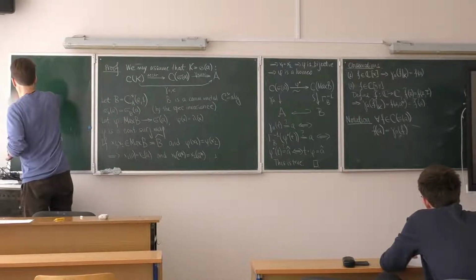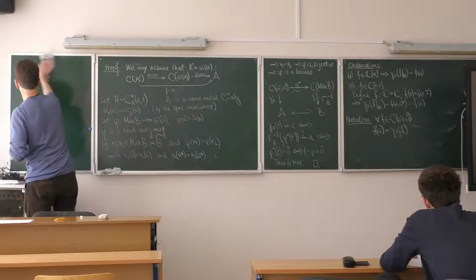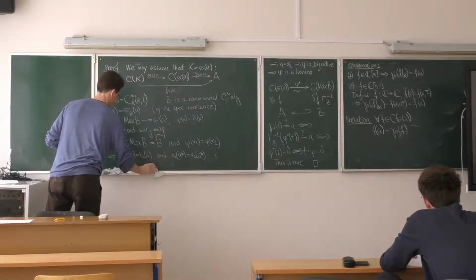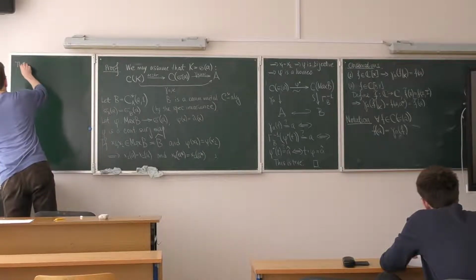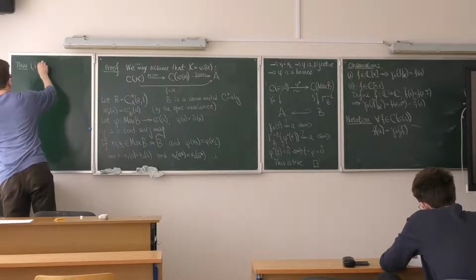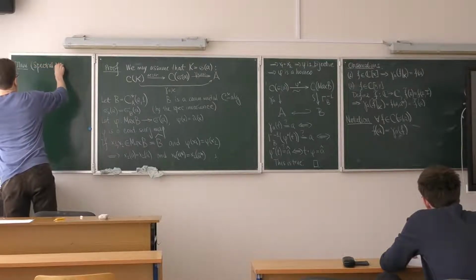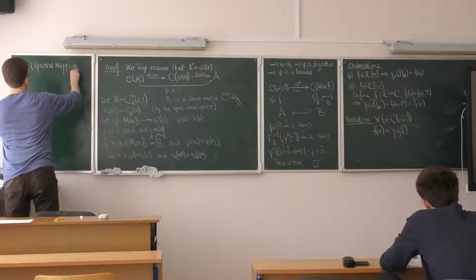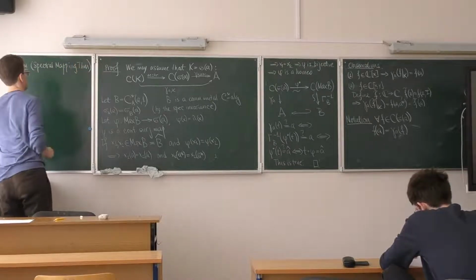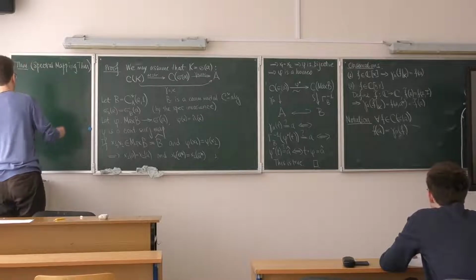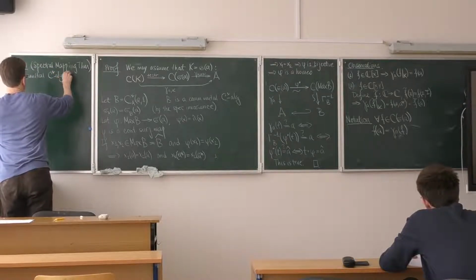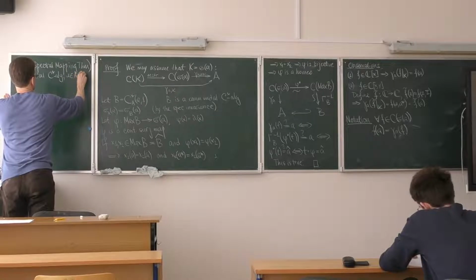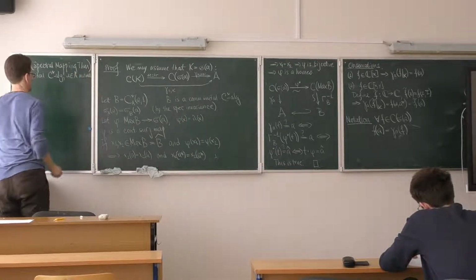Let's now look at some basic properties of the functional calculus. The first basic property is the so-called spectral mapping theorem. So as before, we suppose that A is a unital C-star algebra, and little a is a normal element.